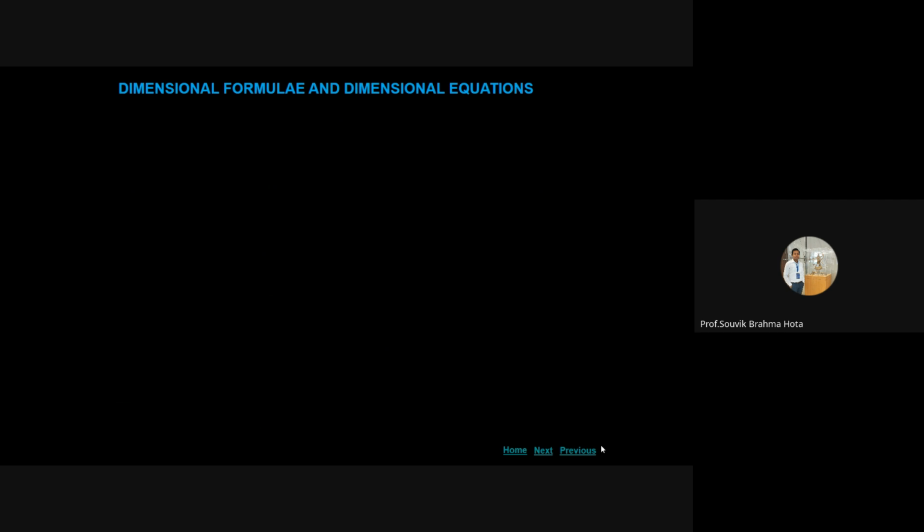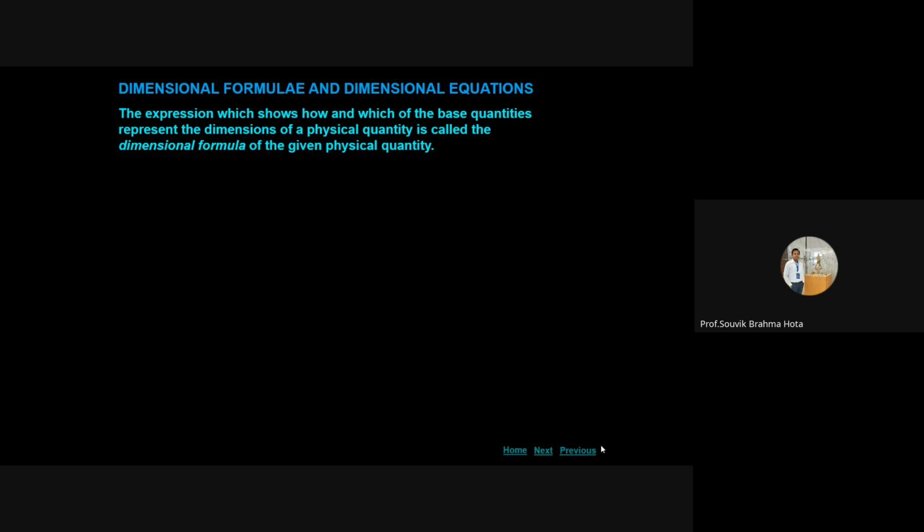Now dimensional formula and dimensional equations are very important. The expression which shows how and which of the base quantities represent the dimensions of a physical quantity is known as the dimensional formula. Take the basic example of the dimensional formula of volume.